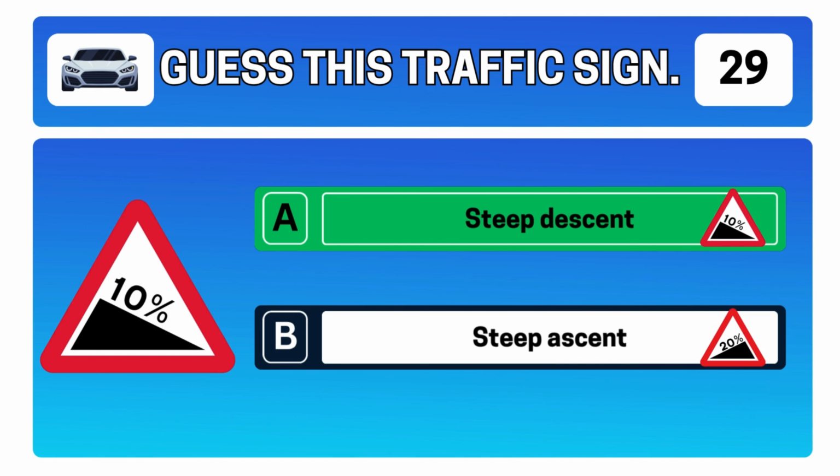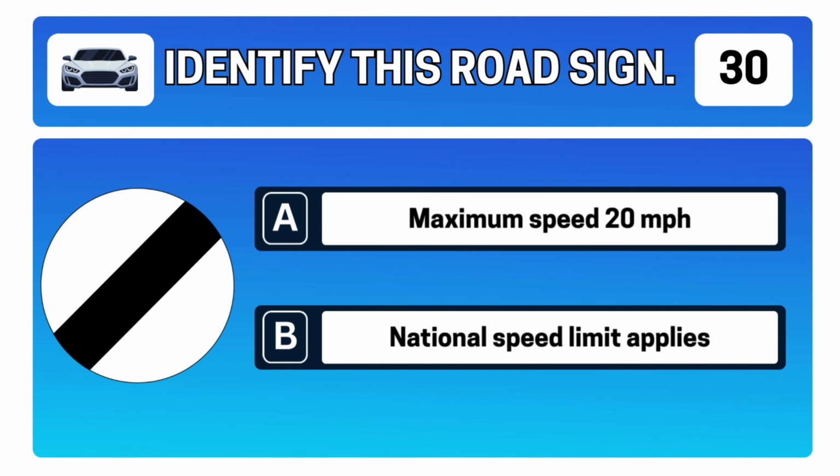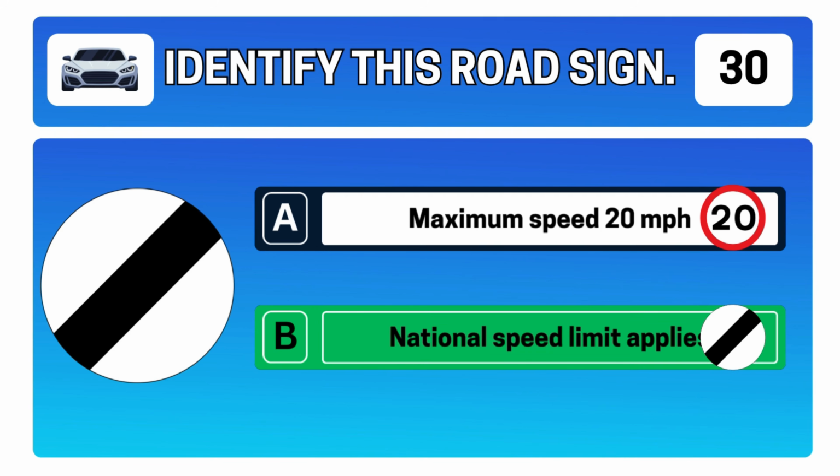Correct. It is the steep descent sign. Identify this road sign. A. Maximum speed 20 miles per hour. B. National speed limit applies. Correct. It is the national speed limit applies sign.